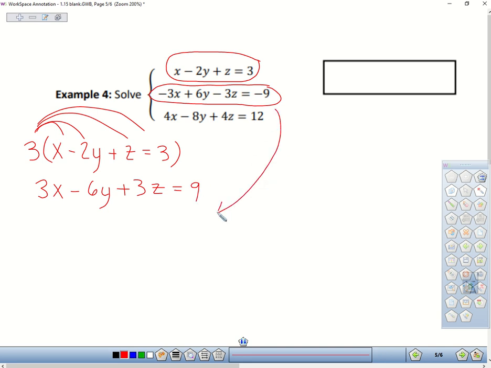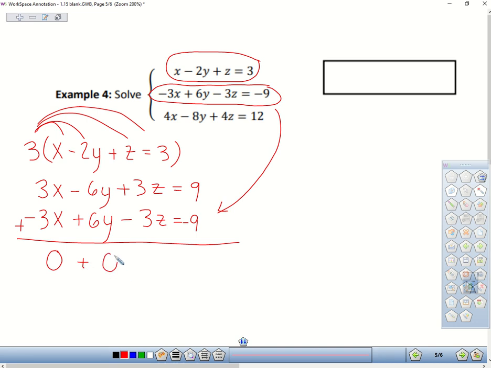And then I'm going to line up my other equation underneath it, and then add everything together. And you're going to notice that everything cancels out. And I'm left with 0 equals 0. Infinite.